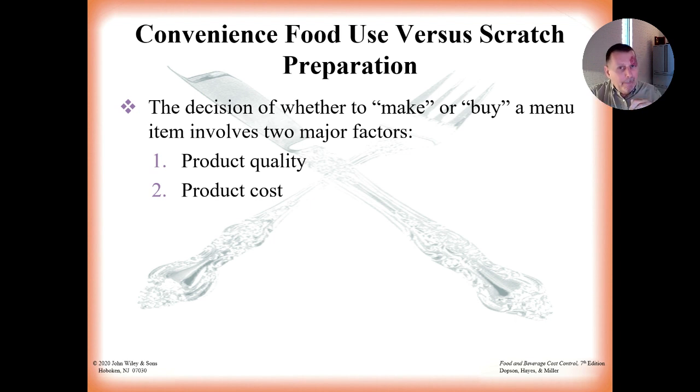It might be cheaper to buy ingredients and have your people make it, but it'll affect productivity to the point where it's really not going to be cheaper. You have to take into consideration the labor, right? You might appear to be cheaper, but you have to do a full-on make or buy analysis, figure in the labor, how much time it takes, waste, everything, or food cost, or whatever.